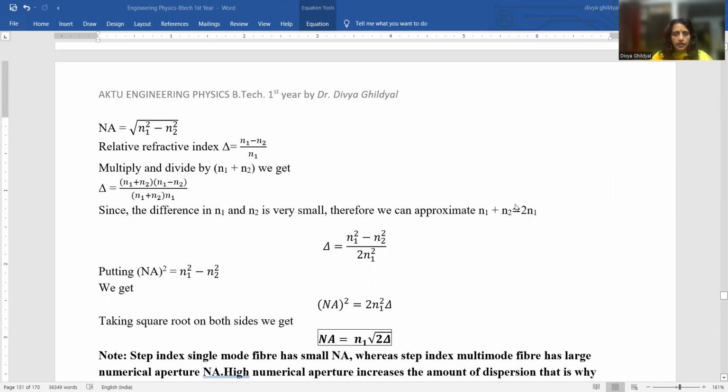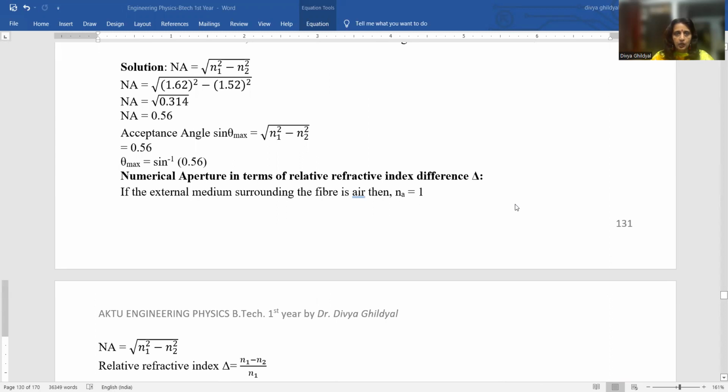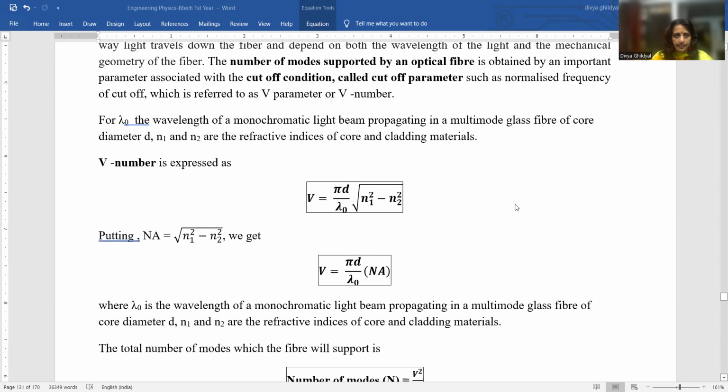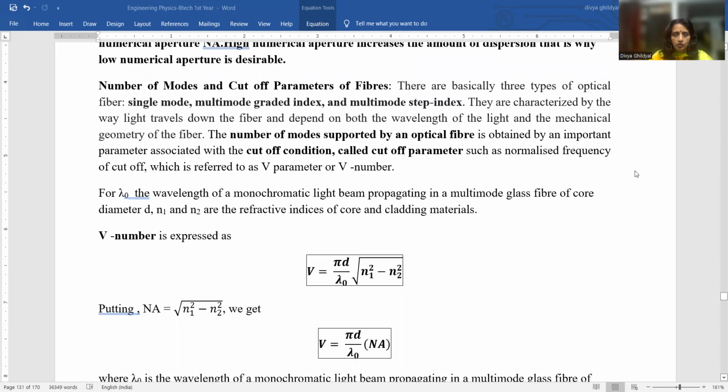I told you about acceptance angle equal to sine theta maximum equals numerical aperture, under root n1 square minus n2 square. Now, we are going to discuss the number of modes and cutoff parameter of optical fiber.